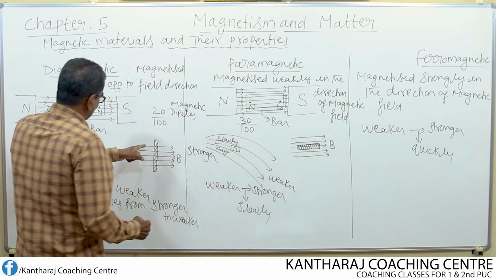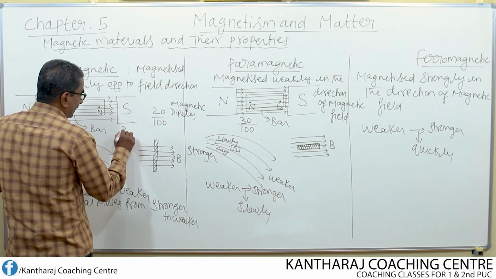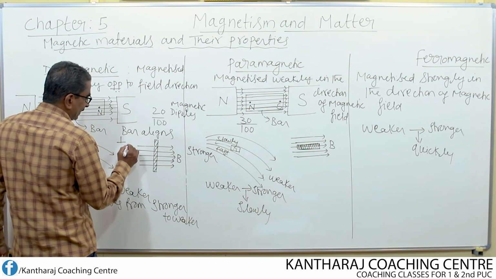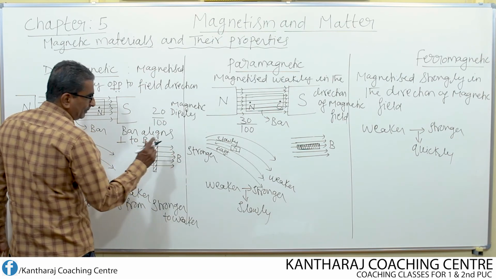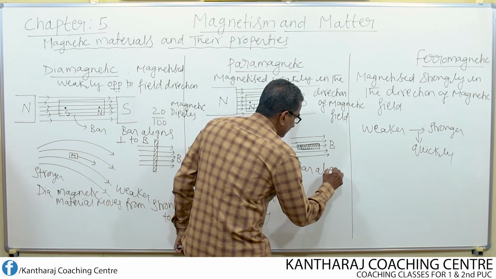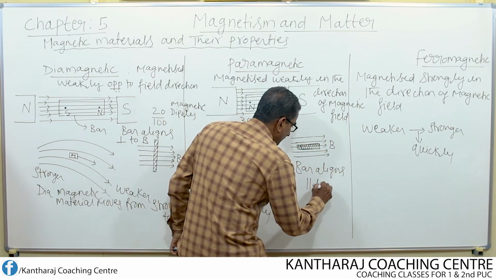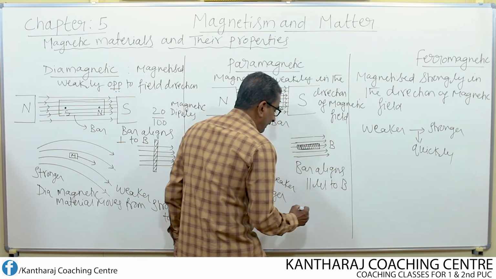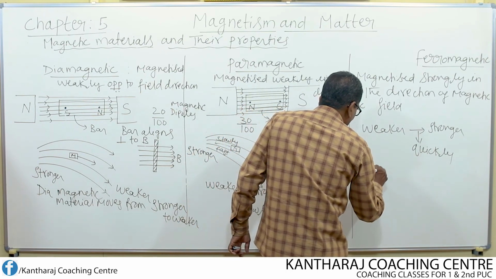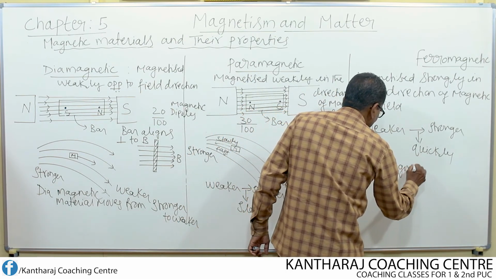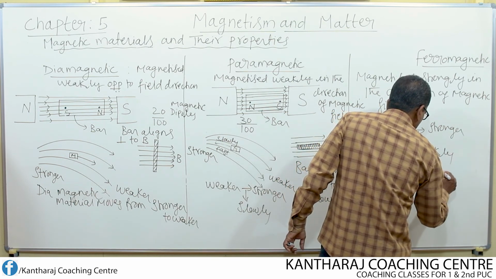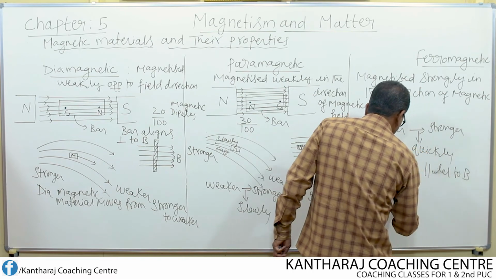So here I can write: the bar aligns perpendicular to magnetic field B. Here the bar aligns parallel to magnetic field B slowly, whereas here the bar aligns once again parallel to magnetic field quickly.